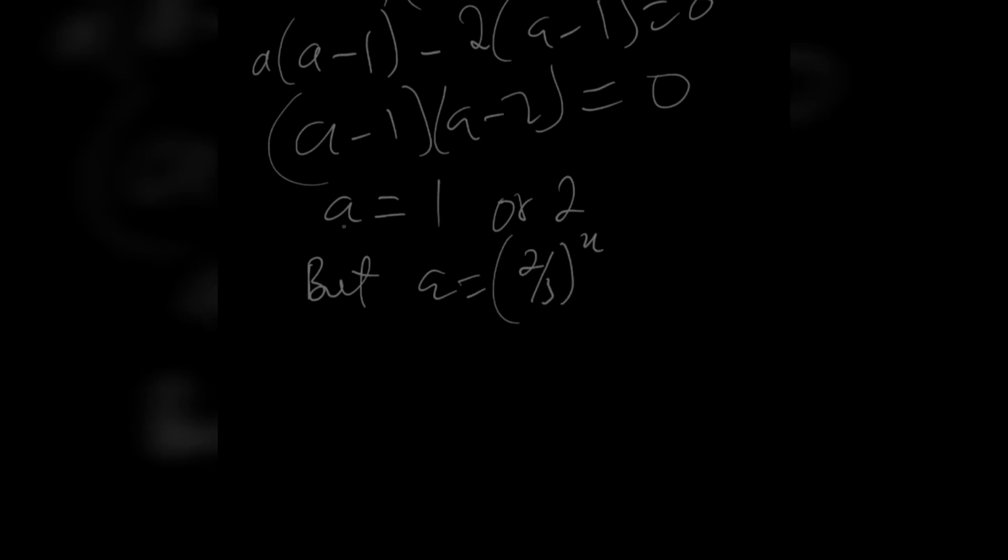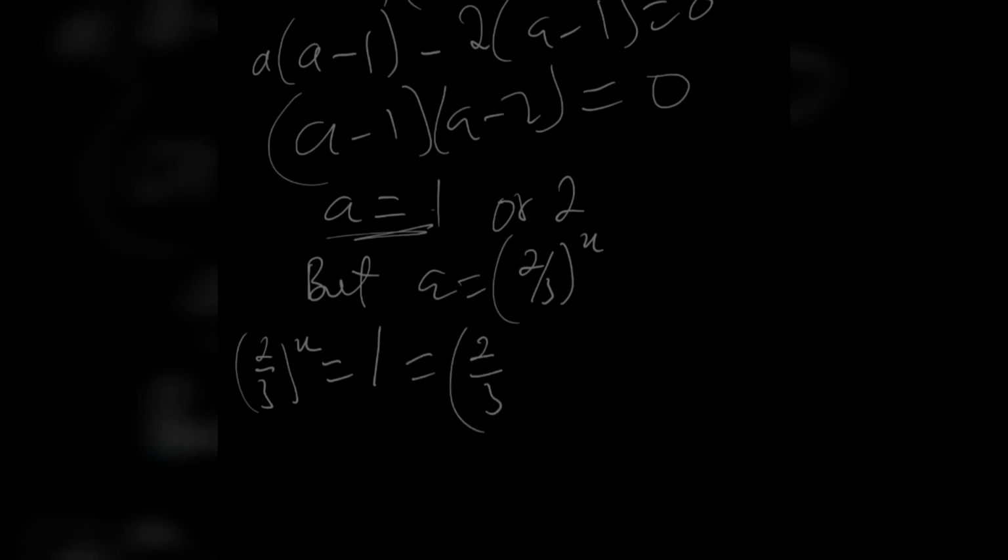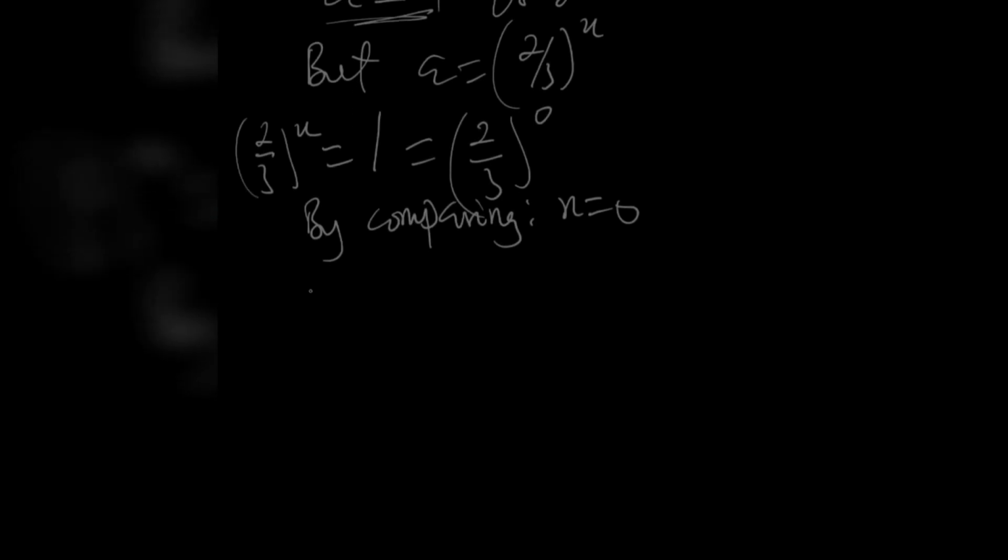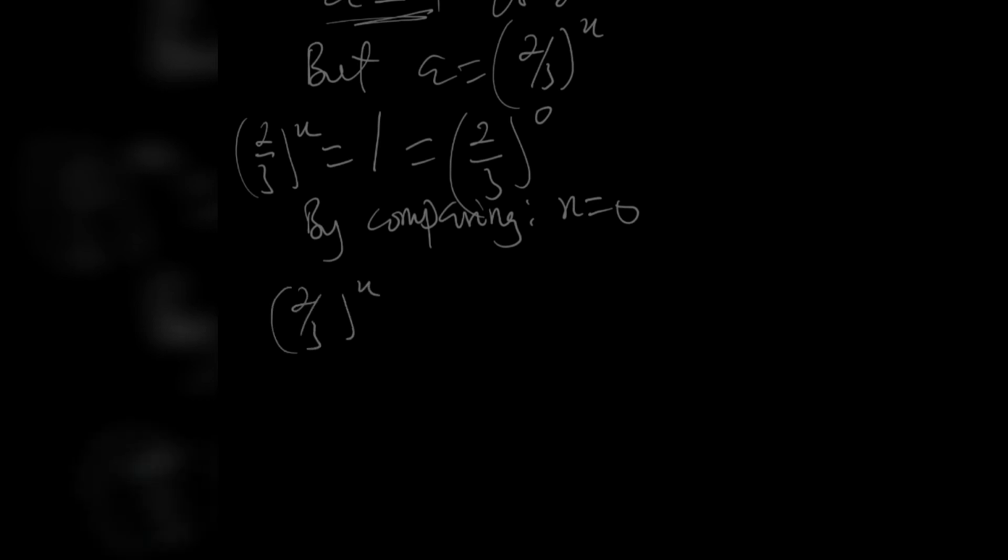If a is 1, then (2/3)^x will be equal to 1. Now 1 is the same thing as 2 over 3 raised to the power 0. So by comparing, x is equal to 0.